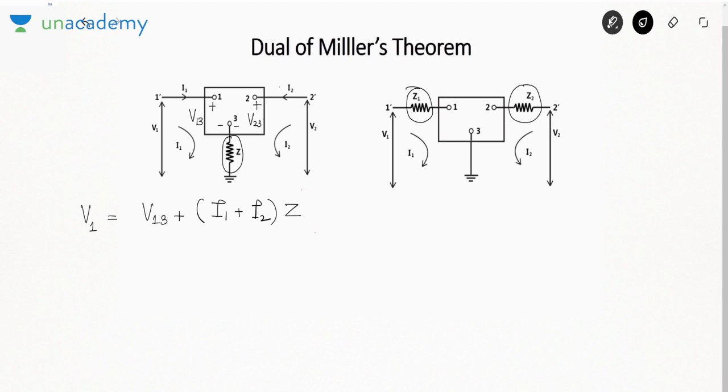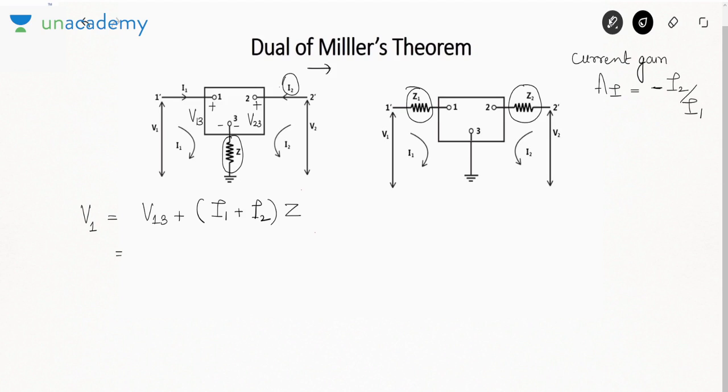Now if I say that the current gain of this amplifier is AI equals minus I2 by I1. Why minus I2 by I1? Because current must enter one of the ports and it must leave the other port. So I2 should be actually leaving, but we have shown it entering.